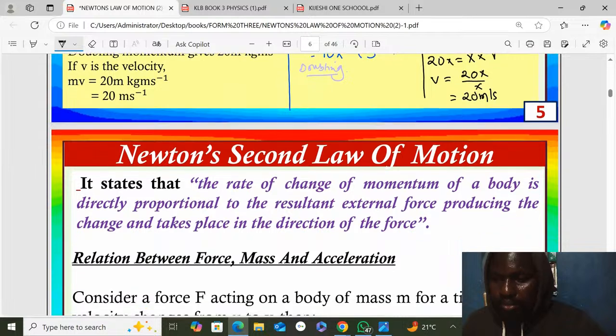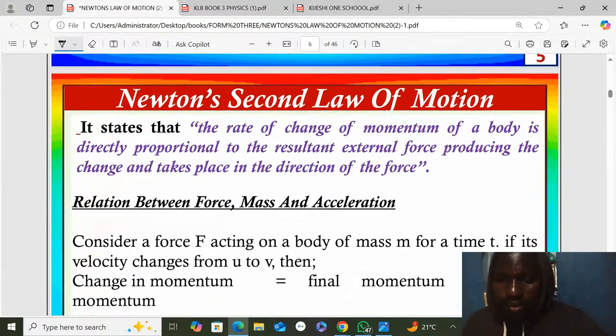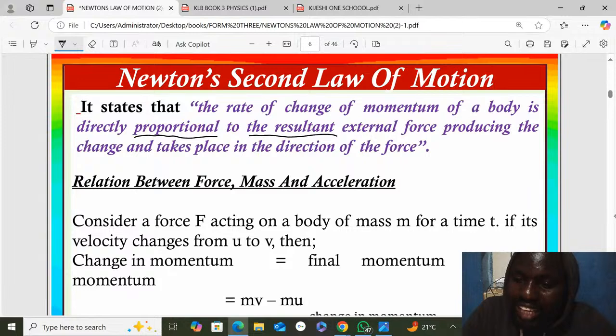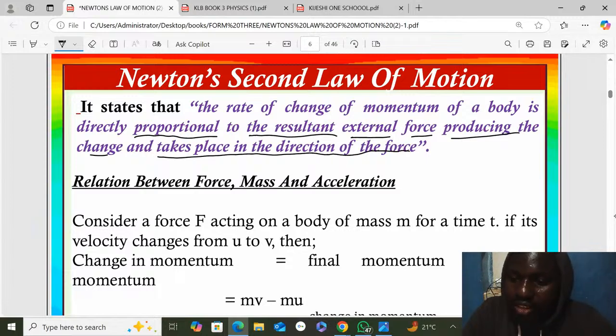So now we can move to Newton's second law. It says that the rate of change of momentum of a body is directly proportional to the resultant external force producing the change and takes place in the direction of the force.